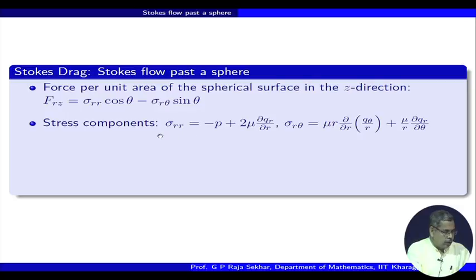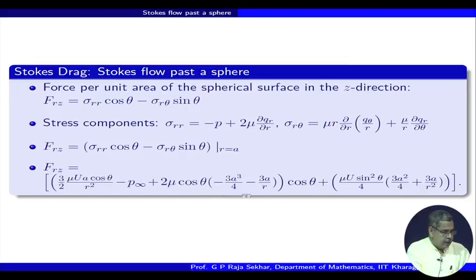Now the normal stress is given by this, okay, and then the shear stress is given by this. This is just an indication that this is along the z direction. So, normal stress and shear stress, we have all the ingredients available. So, we can compute f r z at r equals to a. Okay. So, with the normal stress and shear stress combination by virtue of the z direction, we are getting this cos theta and sin theta, and we can compute.